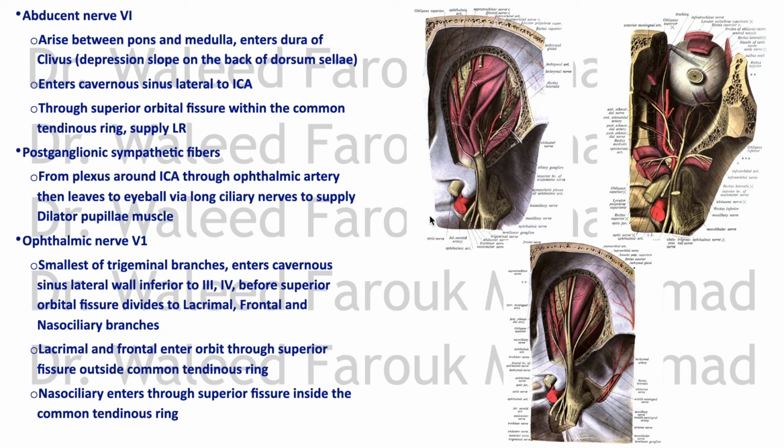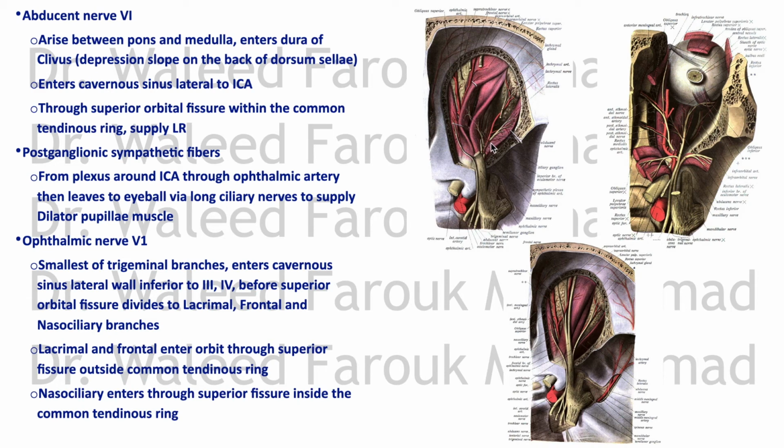The abducent nerve comes from between the pons and medulla, from the front aspect, and passes an area called the clivus, which is at the back of the dorsum sellae. I will show it to you in the cranial cavity, and then it enters the cavernous sinus as well on the floor. It's lateral to the internal carotid artery and goes for its target, which is the lateral rectus, through the superior orbital fissure as well.